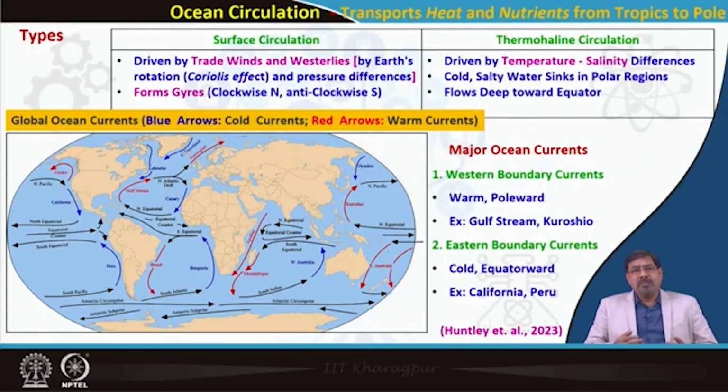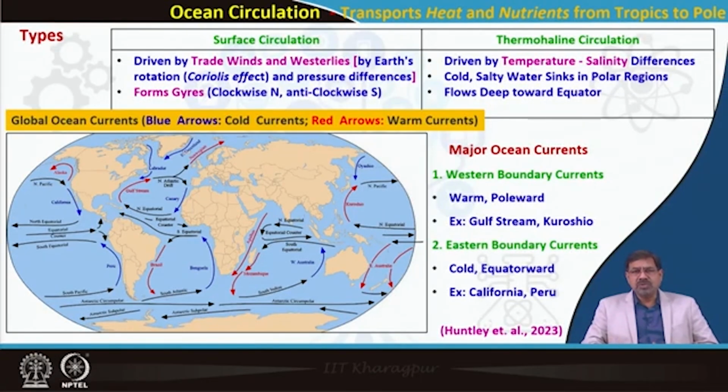The major currents, if we discuss in terms of the western and the eastern boundary currents: the western boundary currents are warm, they move towards the pole and lose heat because they are lighter in nature in comparison to the cold water or the cold currents. Examples are the Gulf Stream and the Kuroshio. The eastern boundary currents are cold, and they move from the polar region towards the equator.